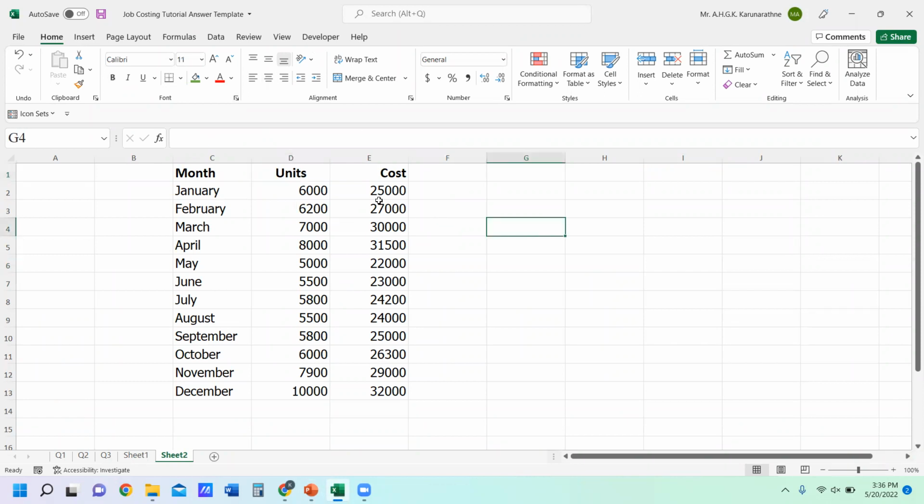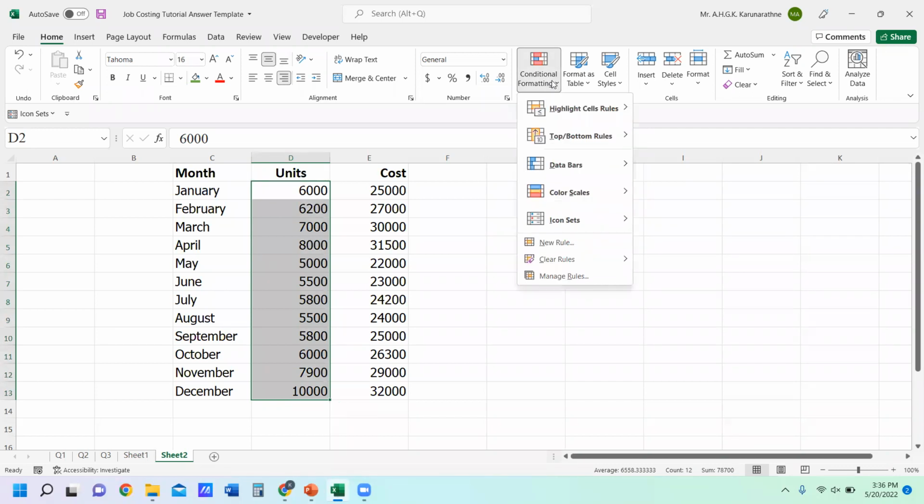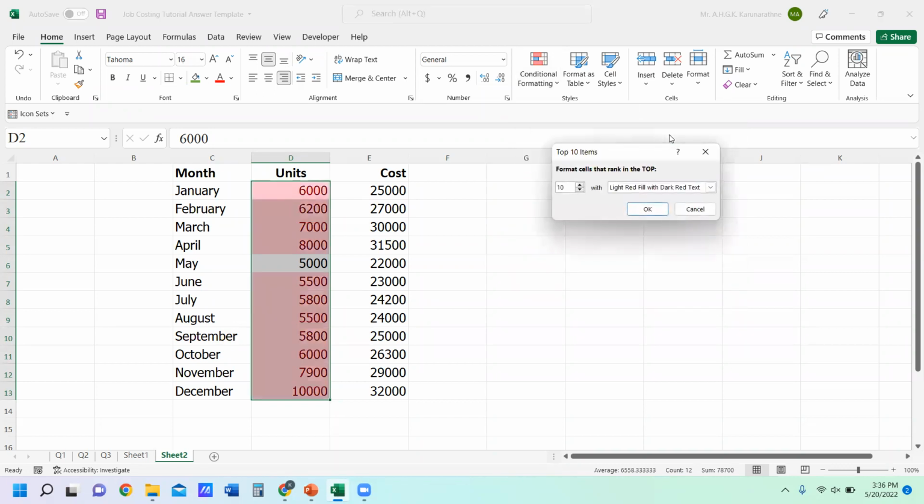Right, you now want to identify the lowest output and lowest cost, and the highest output and highest cost. With Excel you can easily do this. Let's take the lowest output, go to conditional formatting, go to top bottom rules.